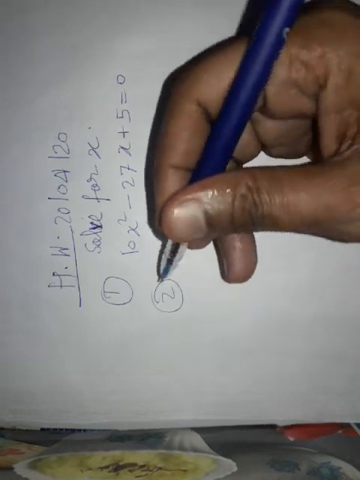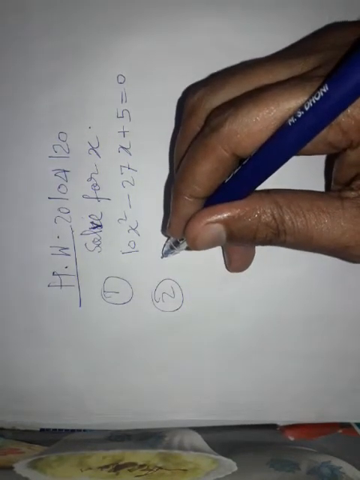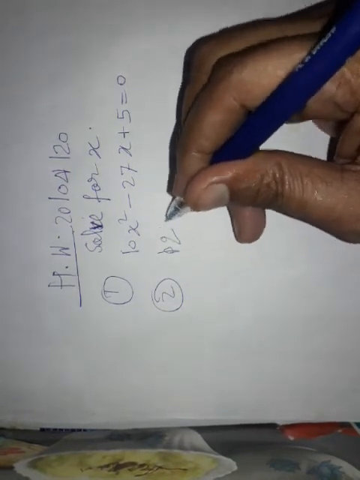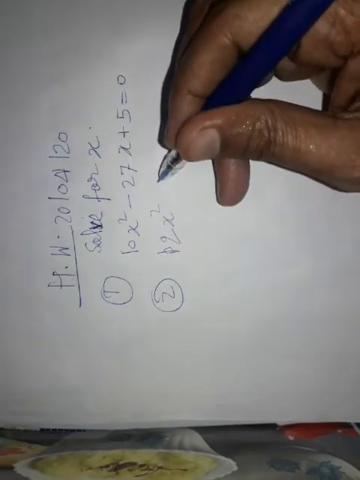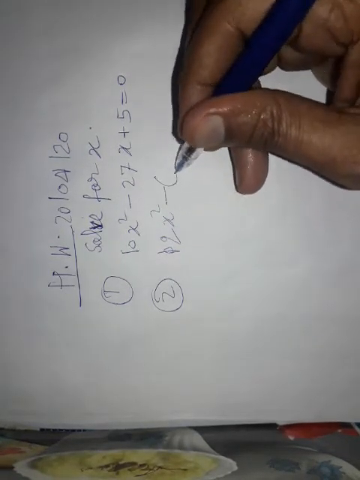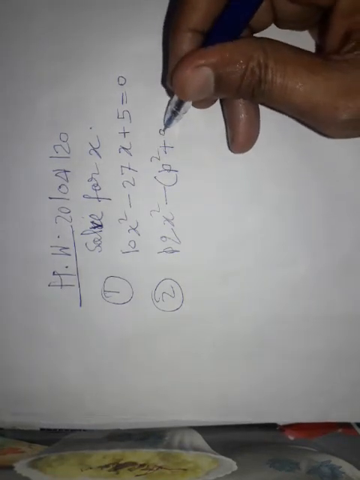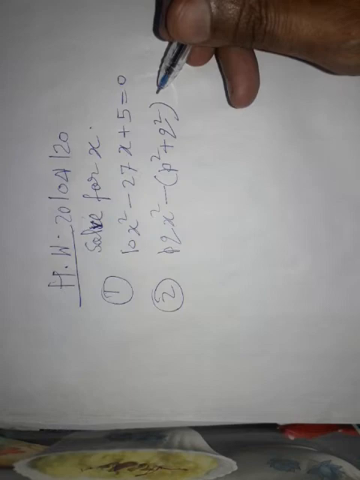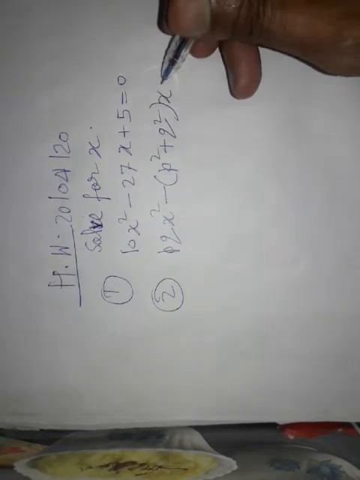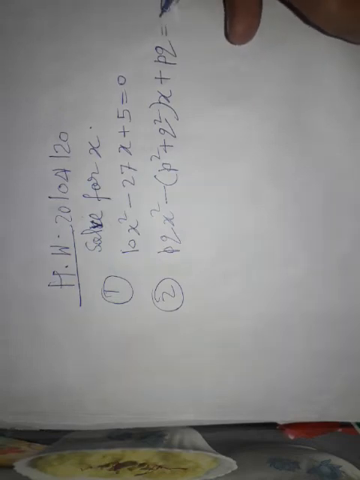Question number 2: pq x square minus (p square plus q square) bracket x plus pq equal to 0.